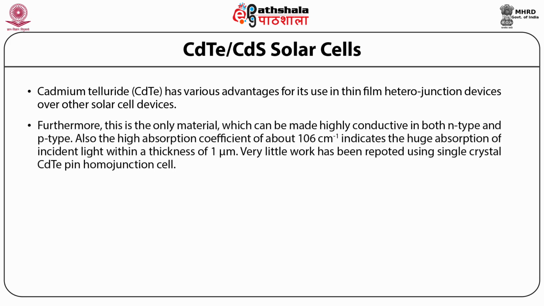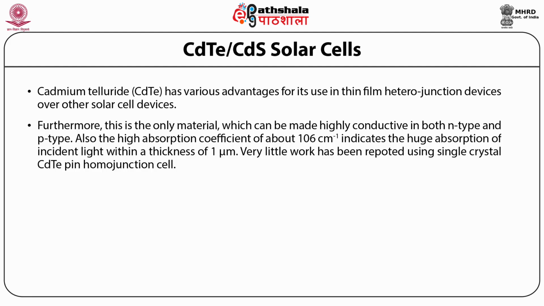Furthermore, this is the only material which can be made highly conductive in both the N-type and P-type. Also, the high absorption coefficient of about 10^6 centimeter inverse indicates the huge absorption of incident light within a thickness of 1 micron.